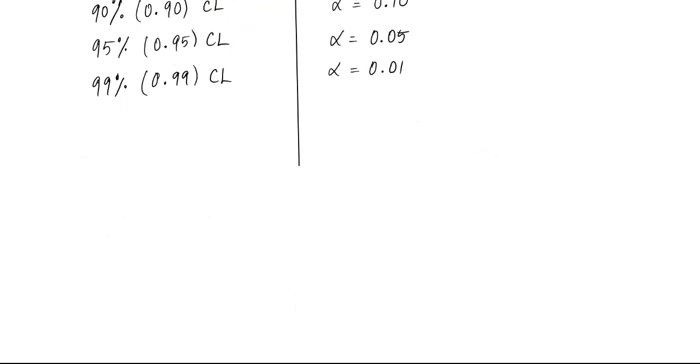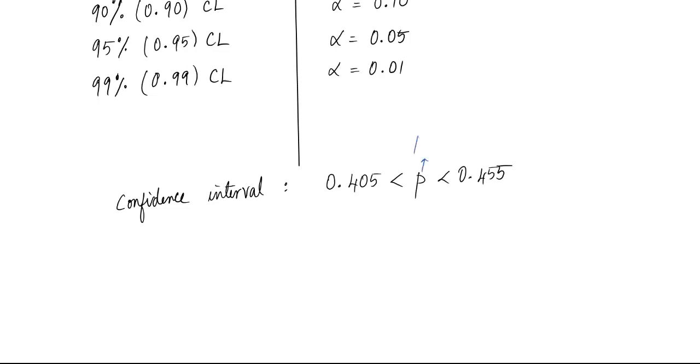Now, suppose I gave you this information, say a confidence interval, right? It's a range of values. So I said 0.405 less than P less than 0.455. P stands for the population proportion, right? So if you simply were to read this mathematically, you'd say the population proportion is between 0.405 and 0.455.